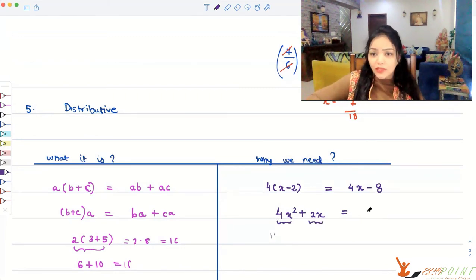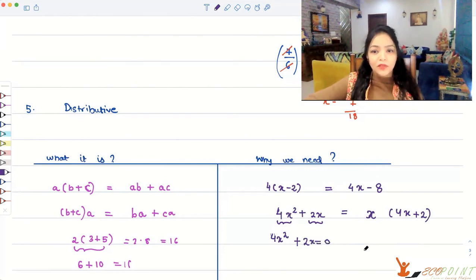So I can take x common. I can say that this is equal to x times (4x plus 2). And suppose the question is that, solve for x when 4x squared plus 2x is equal to 0.